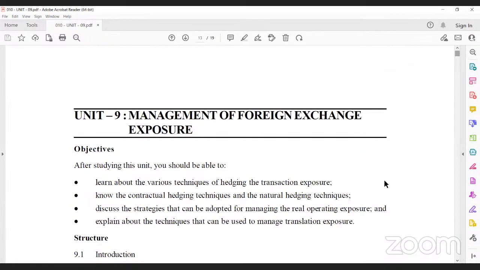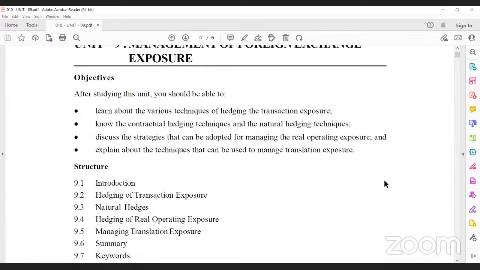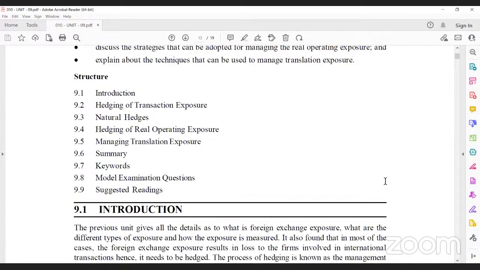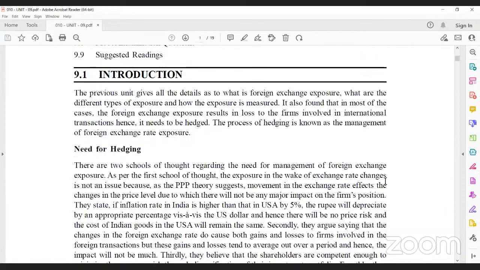In earlier sessions, we have covered foreign exchange rates, exposures, types of exposures, and calculation of foreign exchange exposures, determinants, and factors influencing the foreign exchange rates, domestic markets, role of international markets, and the various types of foreign exchange rates and its impact.